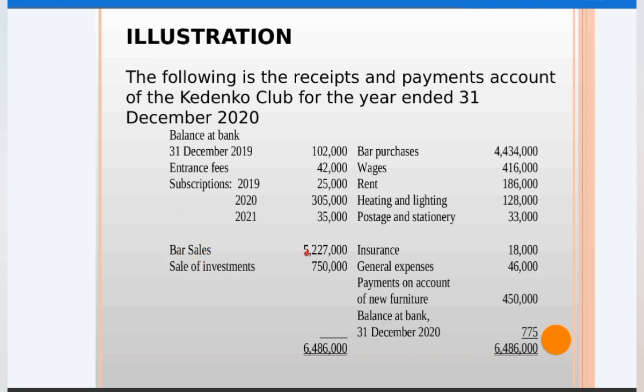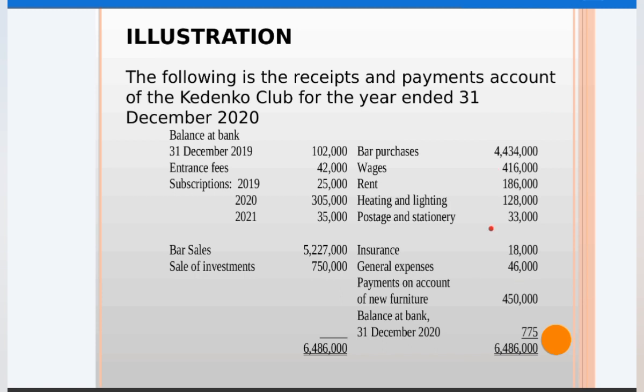So we have the bar sales of 5,227,000, and then we have the sale of investments, which is 750,000. So these were the monies received. Then we have the expenses, monies paid out.